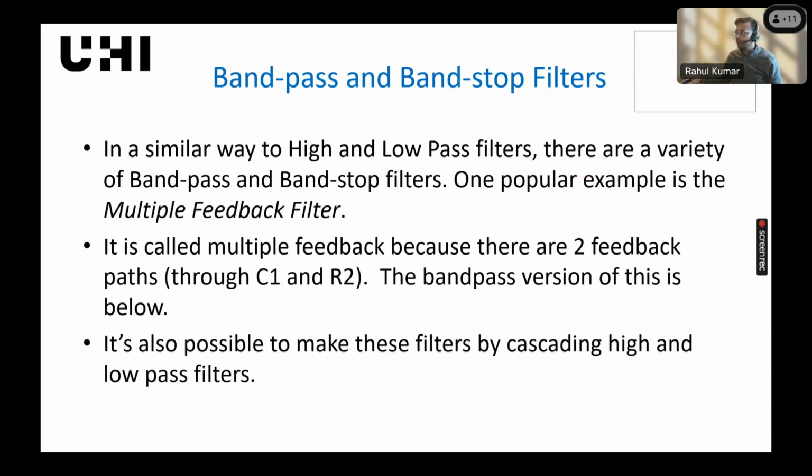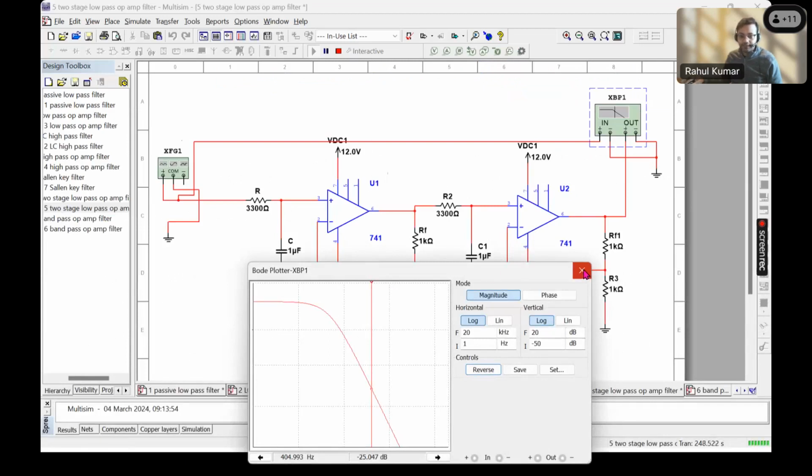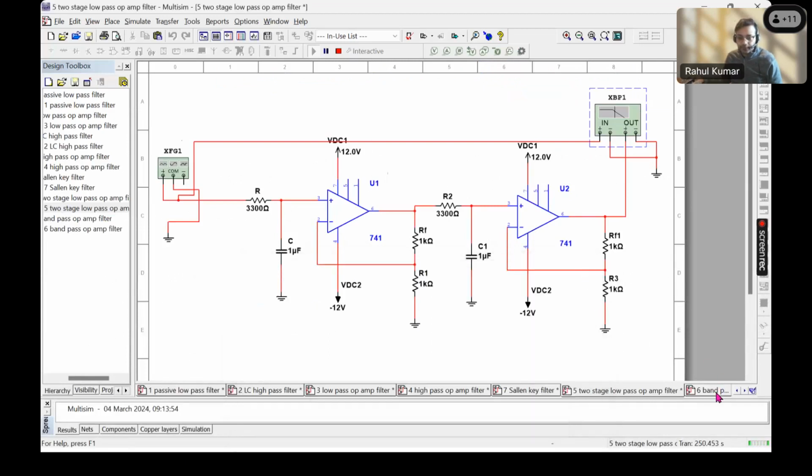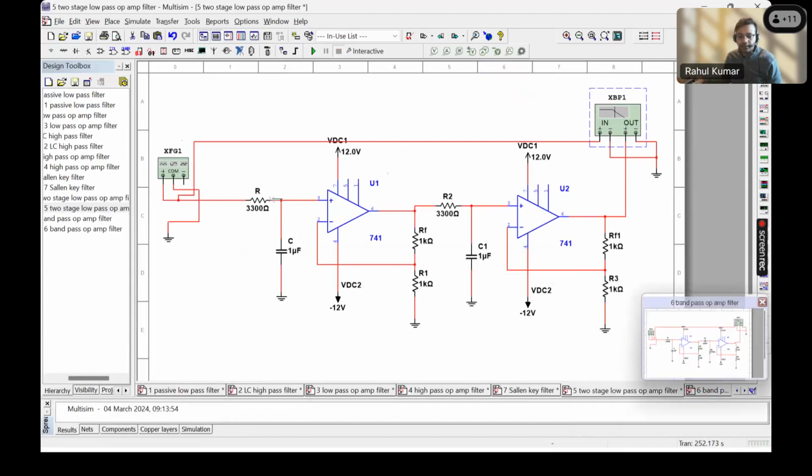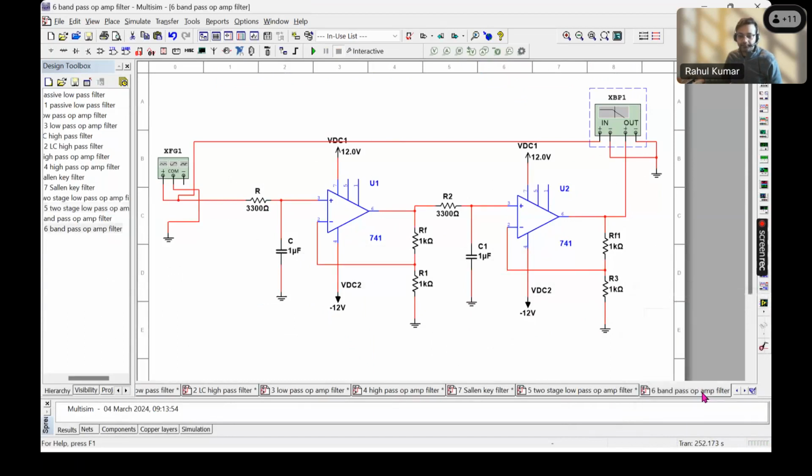Okay, so maybe we can have a look directly at the Multisim circuit. Okay, so let's stop this one. So band pass is also quite similar to your two-stage filter.